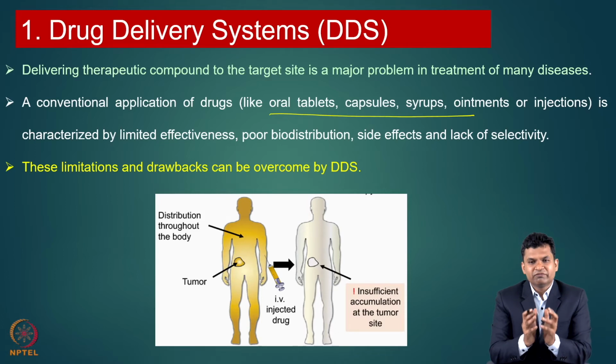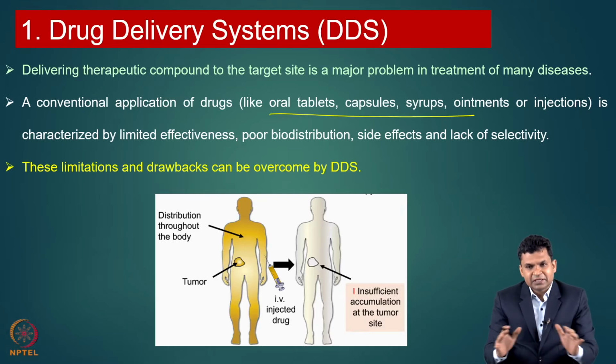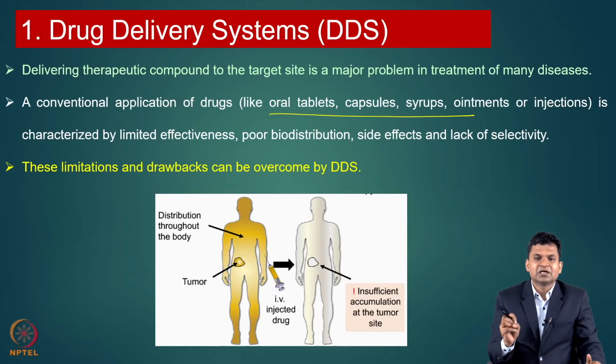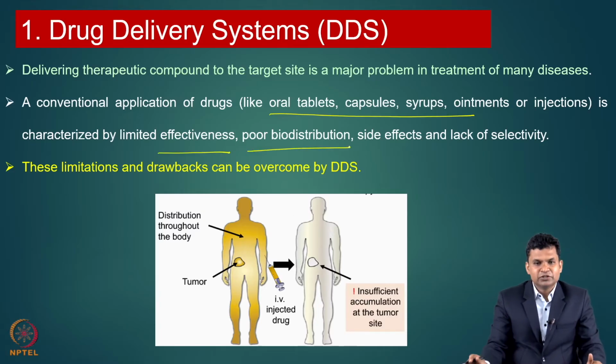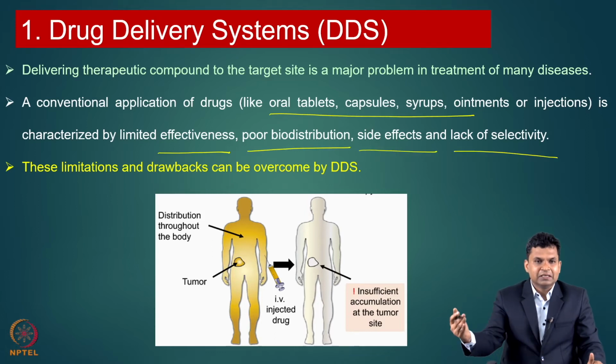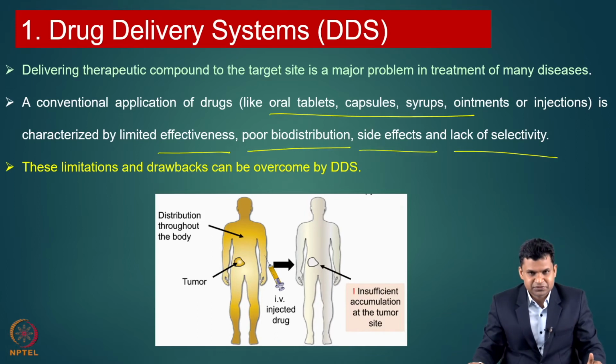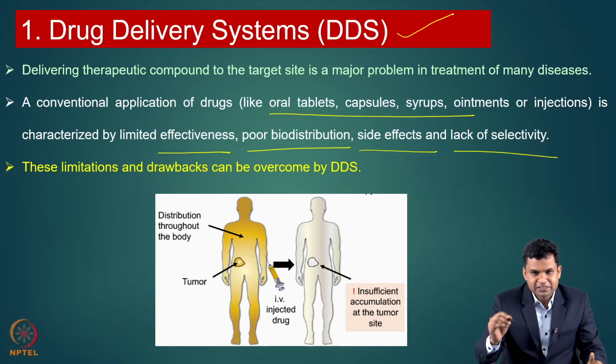But when you are going for diseases like brain diseases, cancer, and some other infectious diseases, the conventional systems are not effective. To avoid the limitations in terms of efficacy, poor biodistribution, side effects, and lack of selectivity, we need to look for higher standard systems, which are nothing but drug delivery systems.